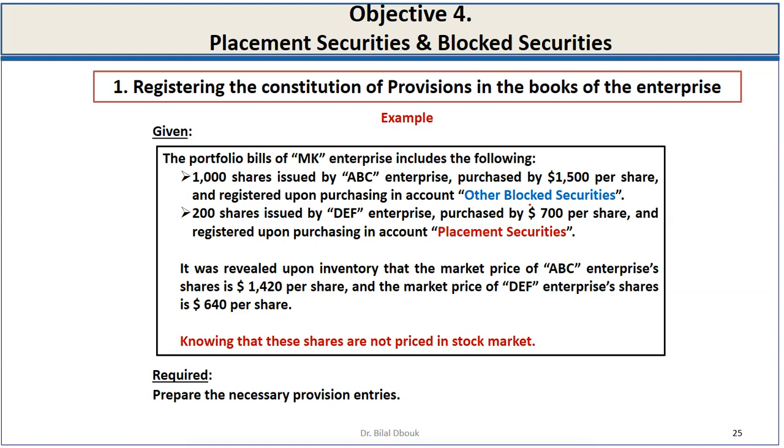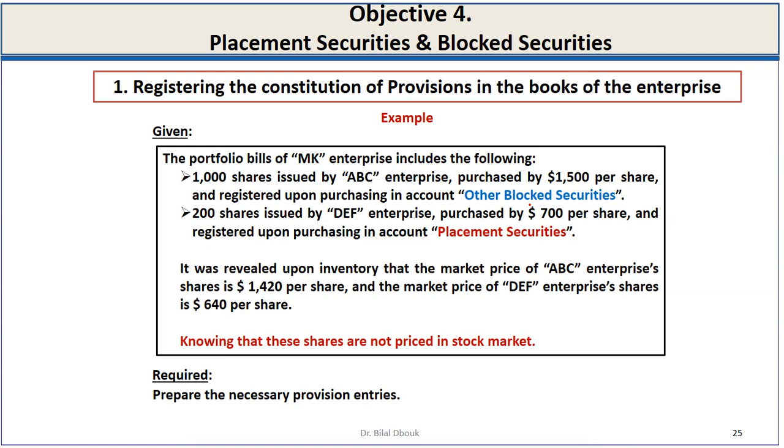Also, we have 200 shares issued by DAF Enterprise, purchased at $700 per share and registered upon purchasing in account placement securities. It was revealed upon inventory that the market price of ABC Enterprise's shares is $1,420 per share and the market price of DAF Enterprise's shares is $640 per share.